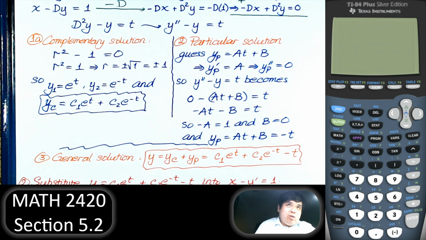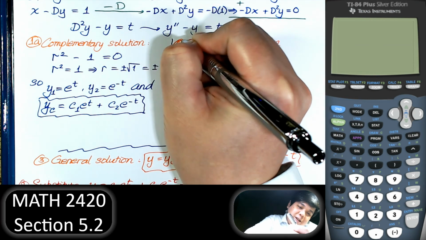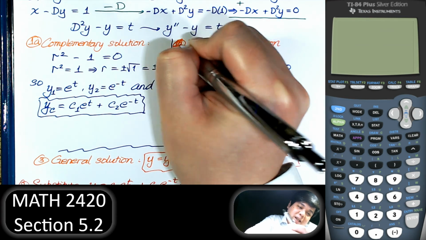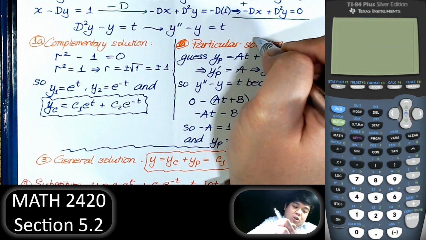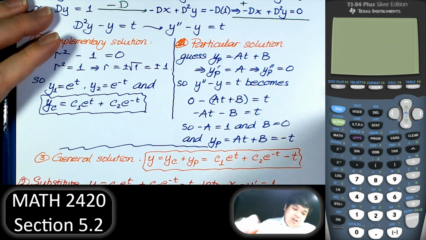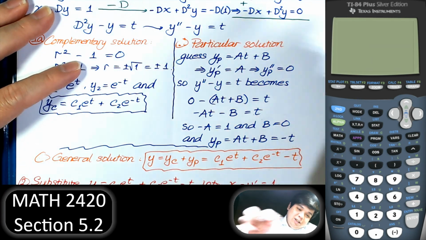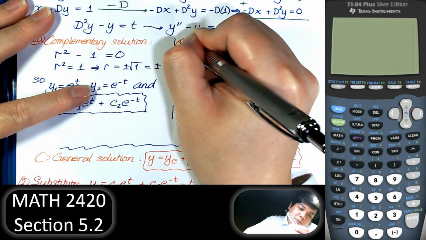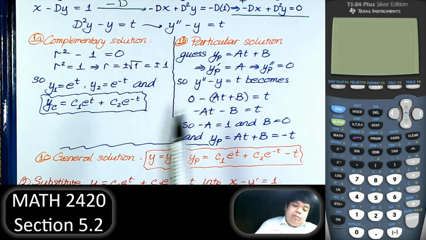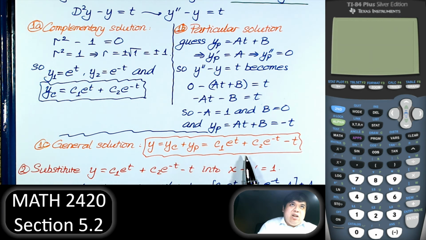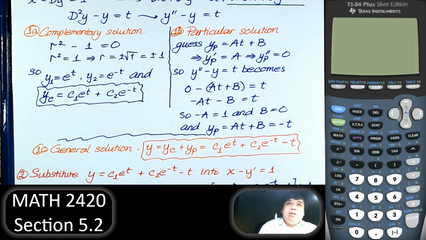So we have 1A and 1B: 1A for the complementary solution, 1B is the particular solution, and then the general solution. This equation by itself is very easy to solve, so that's what we have for Y.